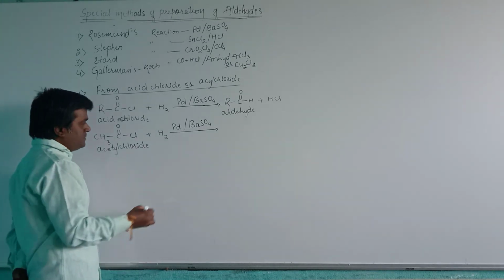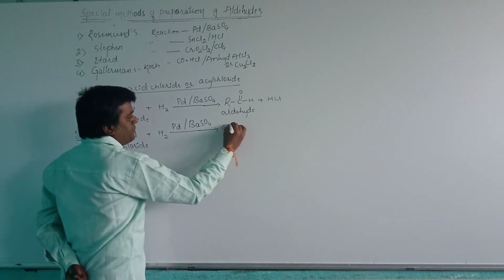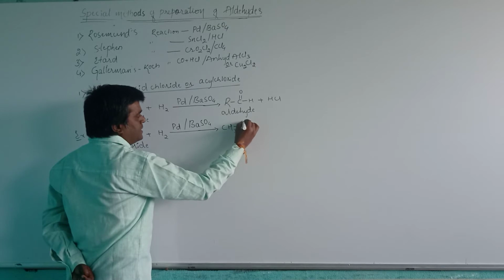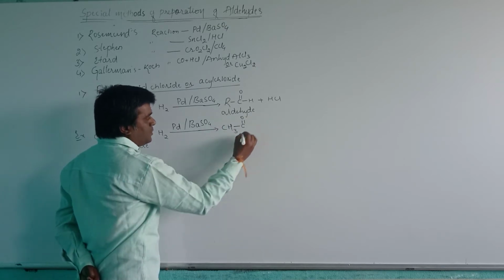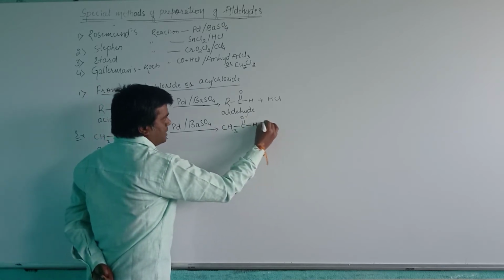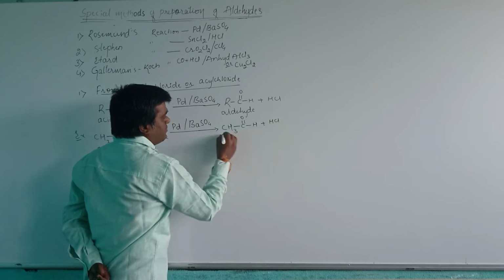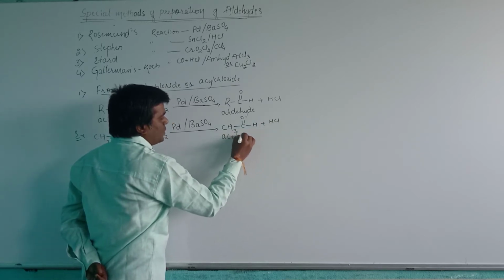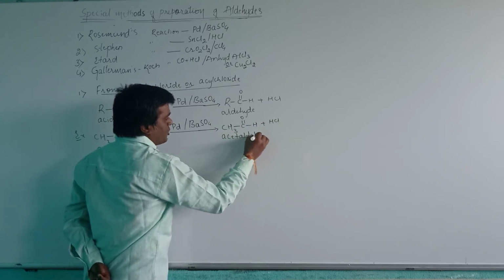Let us see the reaction. It gives CH3 C double bond O H. Acetaldehyde is the main product and hydrochloric acid is the byproduct.